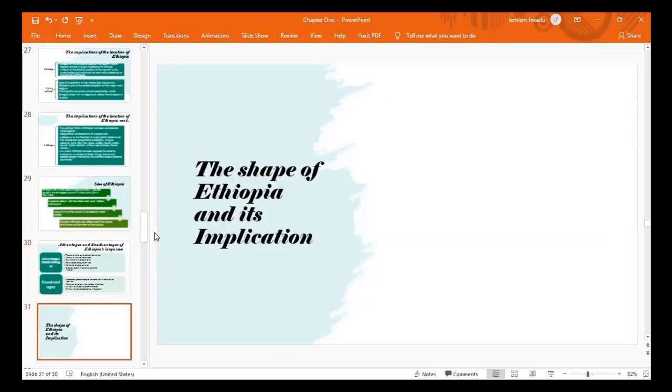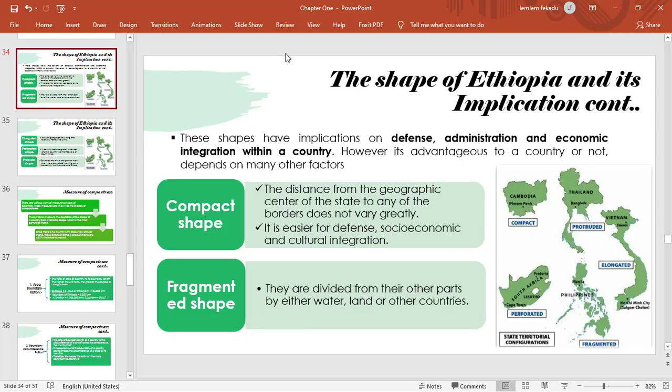Now we'll pass to the next point, the shape of Ethiopia and its implication. Basically, the countries of the world have different kinds of shape that can be divided into 5 main categories. These are compact, fragmented, elongated, perforated, and protruded shape countries.